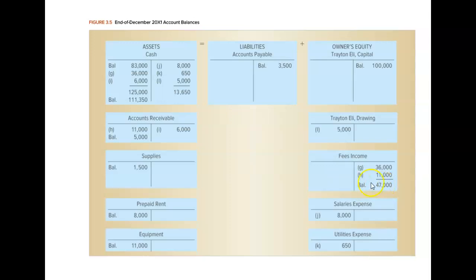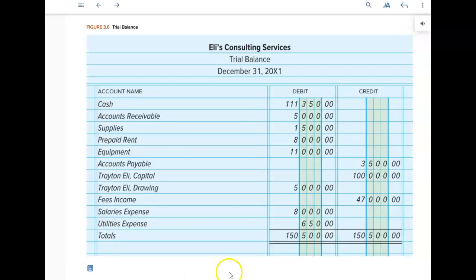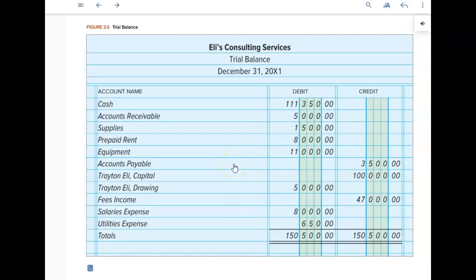The next step is to prepare a trial balance showing the debit and credit balances summarized in the T accounts. Figure 3.6 of your textbook shows the trial balance prepared for Eli's Consulting Services using the balances from each of the T accounts we just looked at.